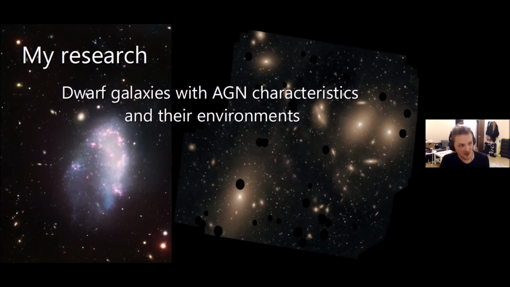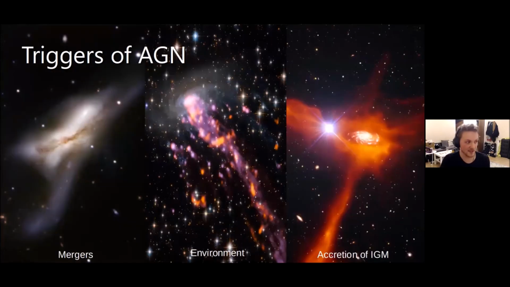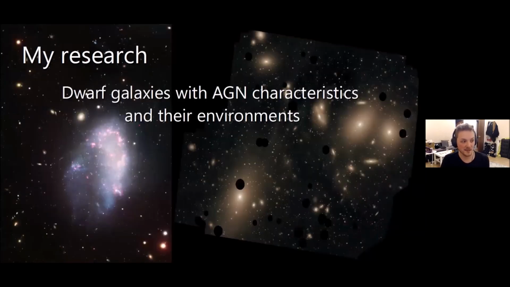And the answer is yes and no. At least regarding environment, they seem not to care. I just mentioned that one of the AGN triggers could be environment, this middle picture. But for dwarf galaxies, that does not seem to be the case. It doesn't seem to be more favorable in dense environments or more favorable in isolated environments. Perhaps there are pros and cons in each, but they still level out, so you can't find any difference in the frequency of dwarf AGNs depending on environment.